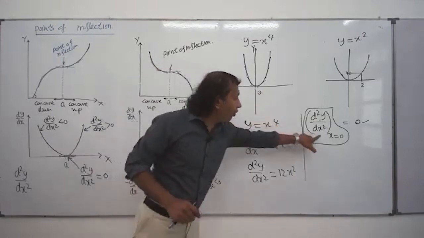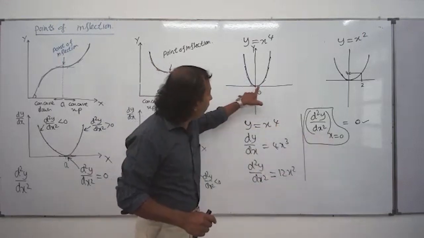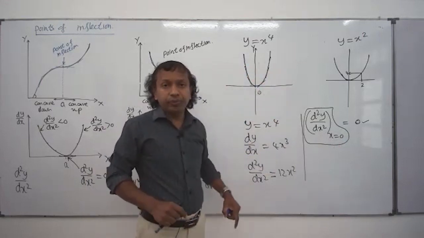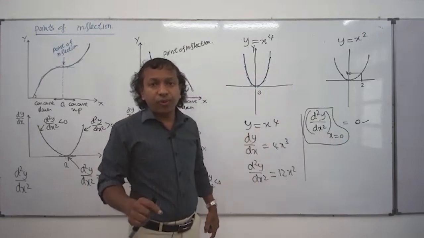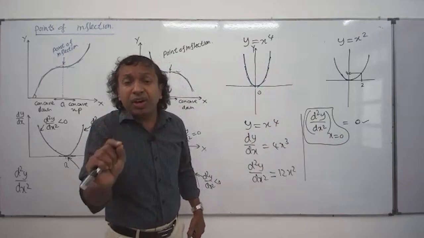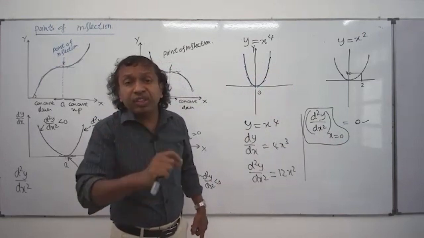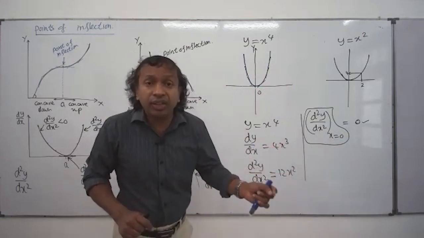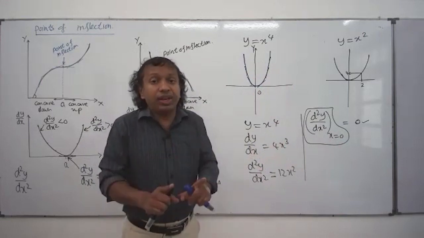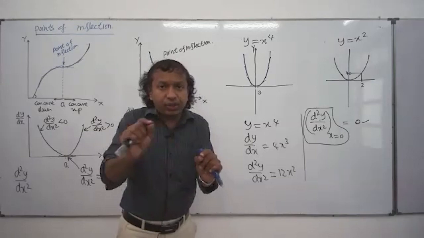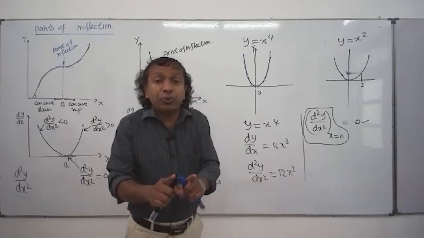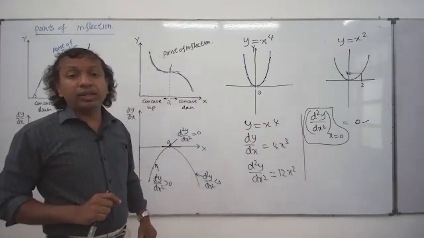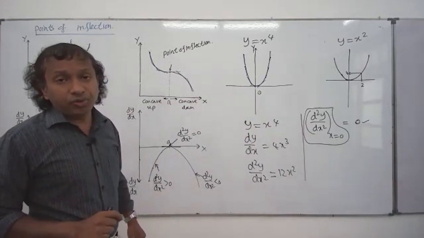Here, the second derivative is 0, but before and after this point the graph is concave up, the same sign, positive. No point of inflection. So to show a given graph has a point of inflection, take the second derivative, show it is 0 at a certain x value, and furthermore show it takes opposite signs before and after that x value.